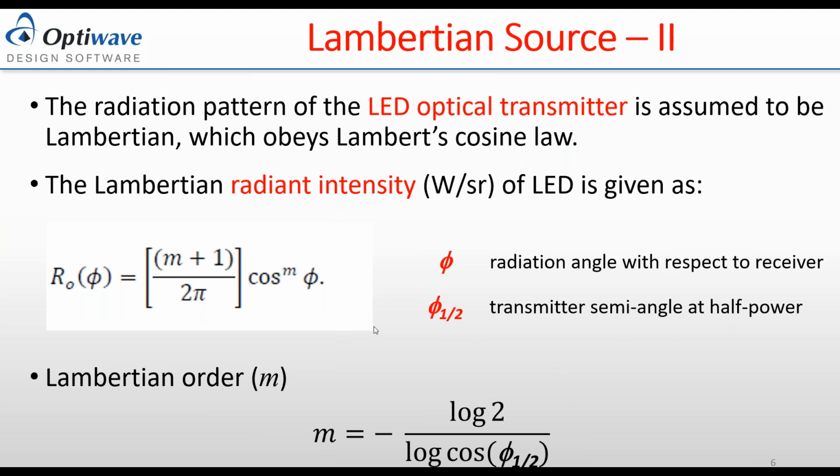Now, the radiant intensity is basically the flux emitted or reflected or received per unit solid angle. It's different from irradiance, which is the radiant flux power received by the surface per unit area.